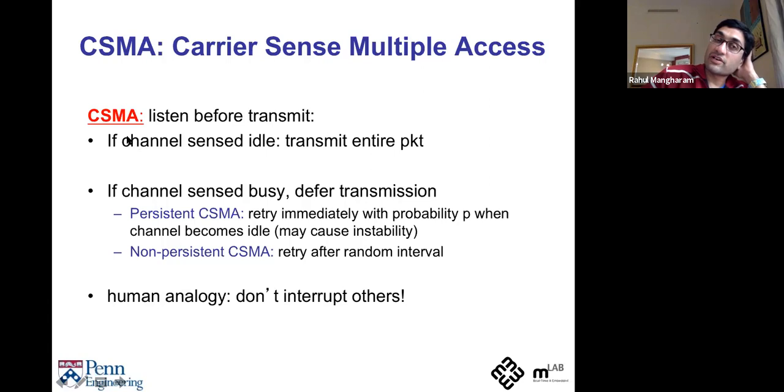So essentially the point here is that CSMA is saying, let's listen before we transmit. Over here, how can I listen before I transmit? I have a packet in my queue. What I can do is listen to my antenna and ask, am I receiving any energy on the antenna?